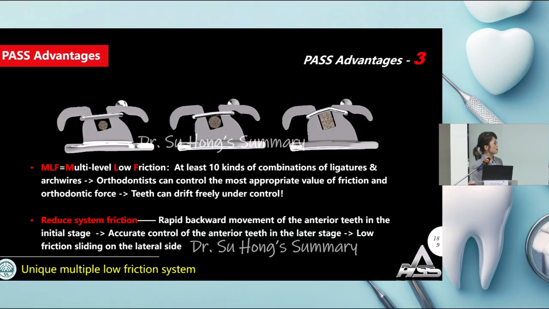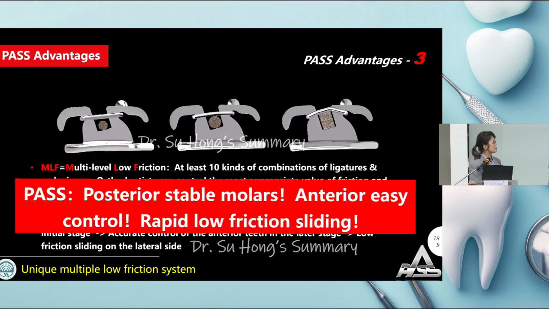We can use rapid backward movement of the anterior teeth in the initial stage, and we can get accurate control of the anterior teeth in the later stage, with low friction sliding on the lateral side. So I think stable posterior molars, easy anterior control, and rapid low friction sliding are the 3 crucial advantages of the PASS system for all orthodontists.